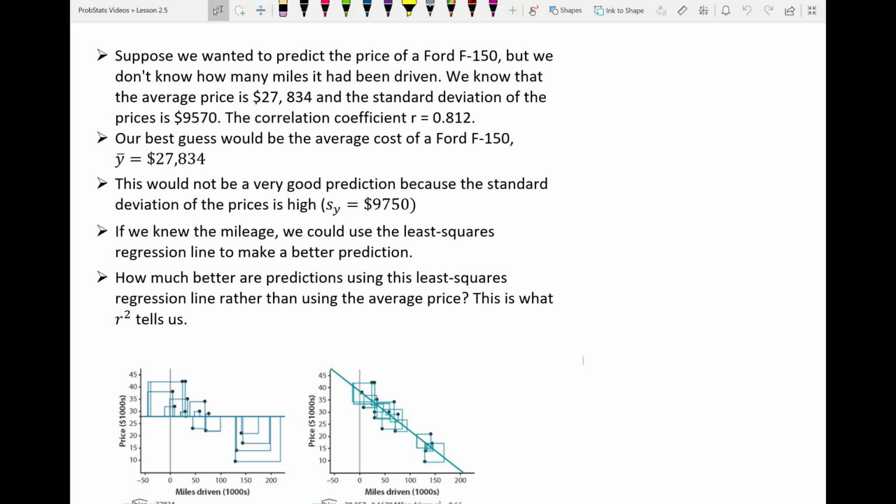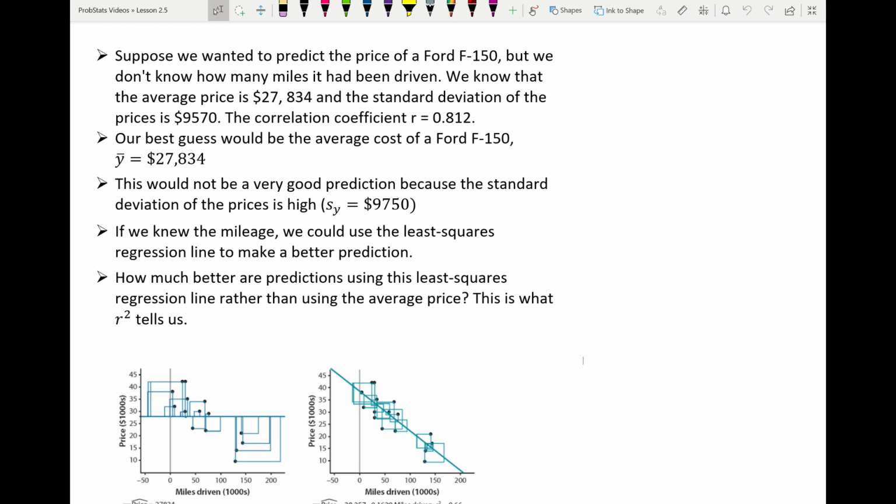However, if you use this average as your guess for the cost of a Ford F-150, not knowing how many miles it had been driven, there's a very good chance that this would not be a very good prediction. And that's because the standard deviation of the prices is high, a very large spread. So there's a good chance that it's plus 10,000 or minus 10,000 because the standard deviation is about $10,000.